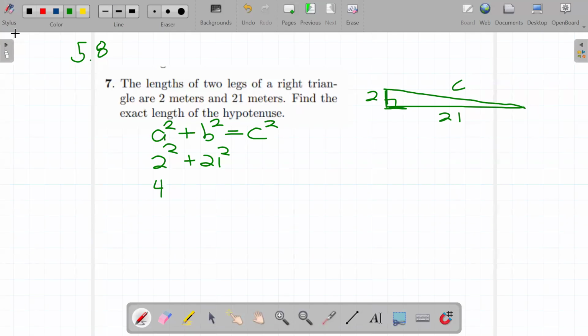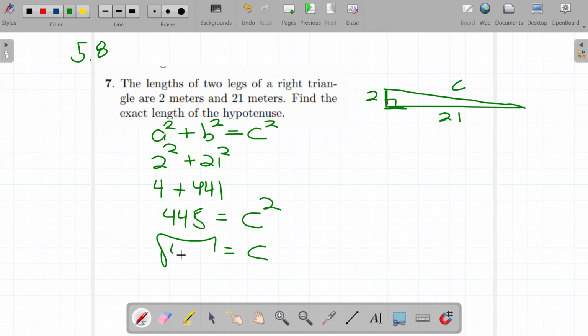All right, so plus 441, that would be 445. Okay, so I'm looking for a number whose square is 445. So that means the number I want has to be the square root of 445.